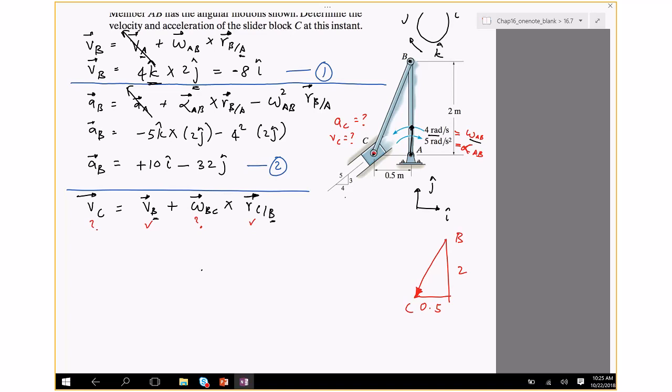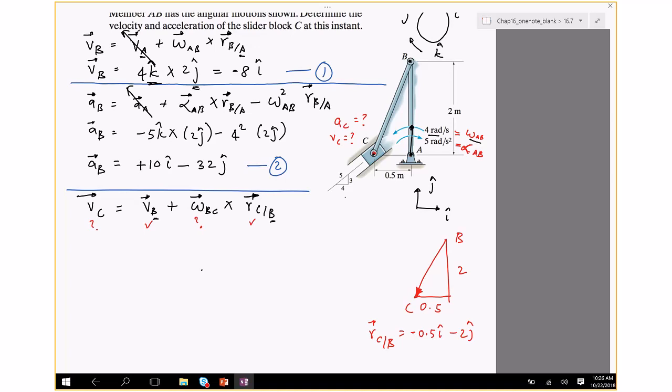So the vector is simply 0.5 i, but in the negative direction, because this vector goes to the left in the x direction and downwards in the j direction. You don't even have to do any math.